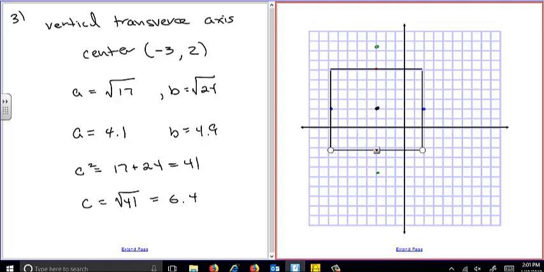Okay, now, if I've done this correctly, this should go through the center point. This one should go through the center point. So that's good.